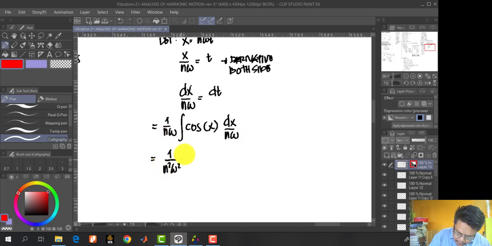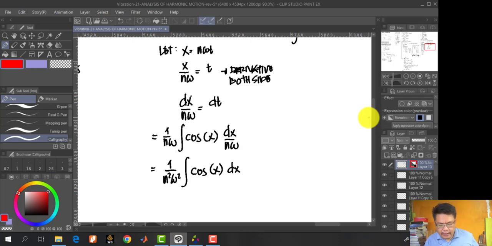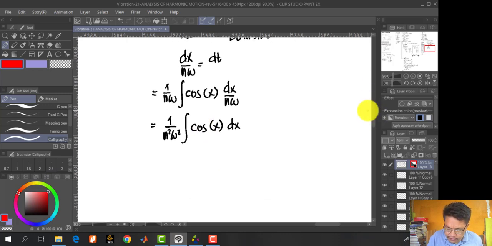So we have n squared angular velocity squared, and this is cosine of x dx. You will notice that this can be integrated now, from your way back in your integration subject, satisfying the rules of integration.